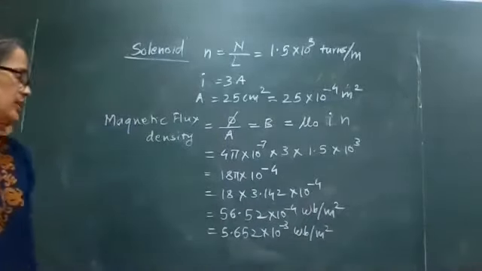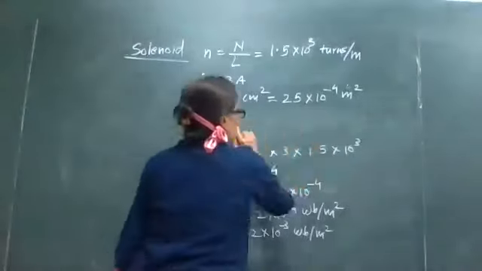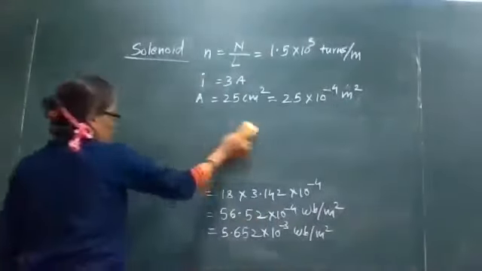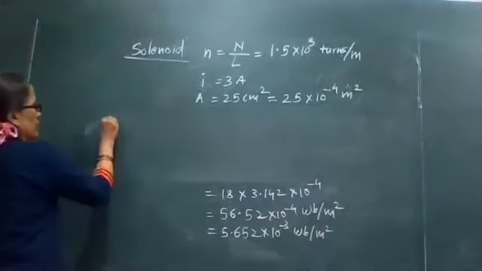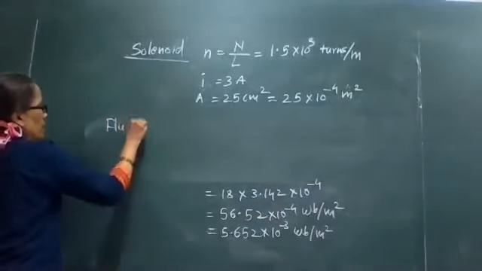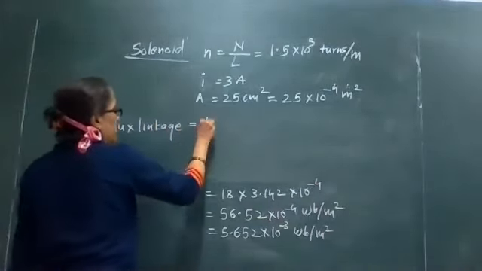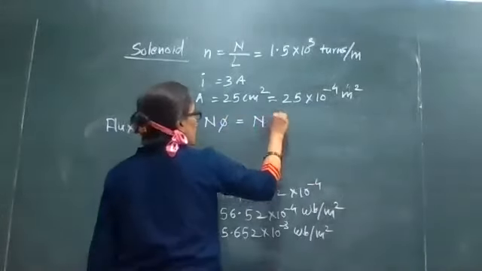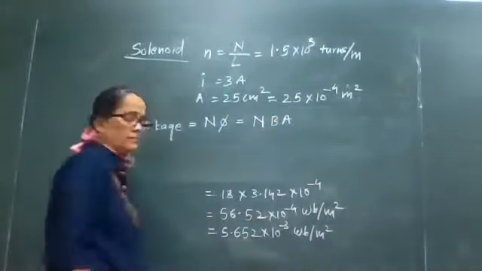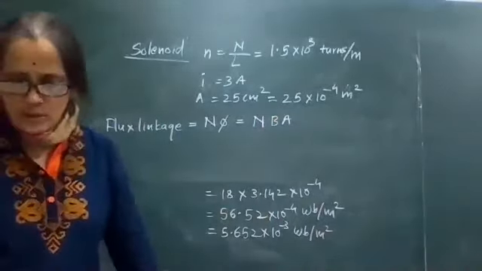After the magnetic flux density, the next part B is the flux linkage in the coil. Flux linkage is nothing but N into phi, N phi, and instead of phi, say B into A. Is it right? Now go on substituting the values.